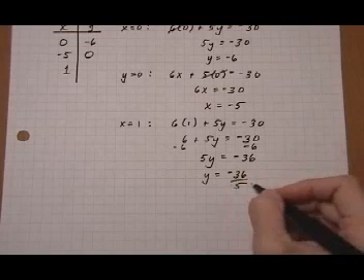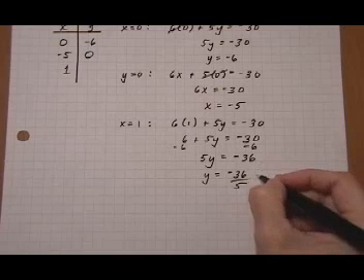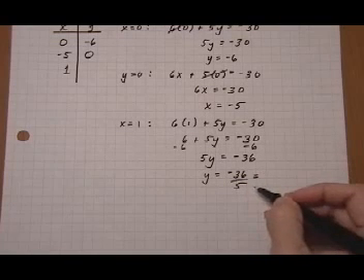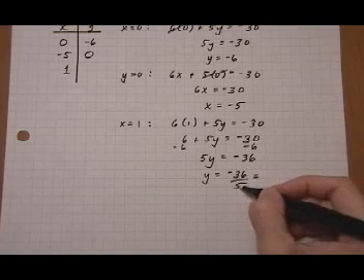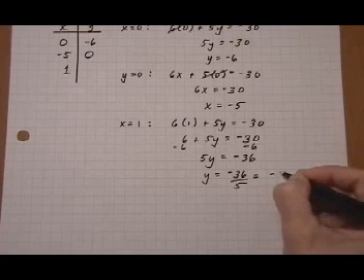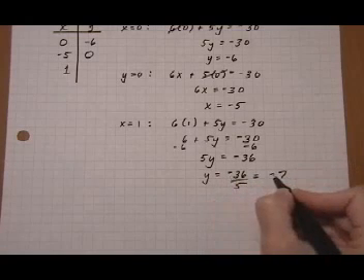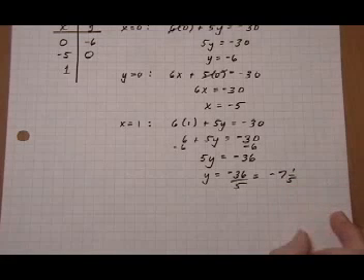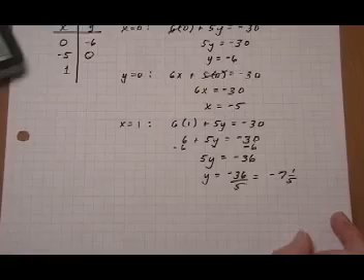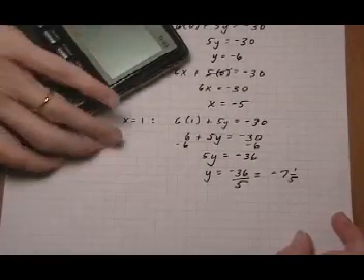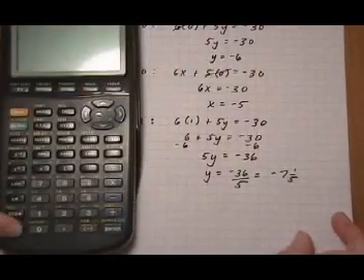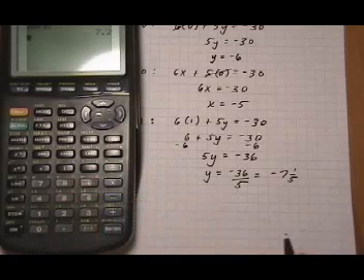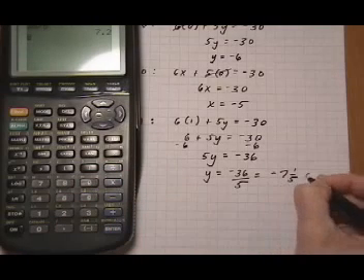Now that doesn't work out to be an integer, but that's alright. That happens a lot when you're finding points for a linear equation. So 5 goes in 7 times to be 35, and there's a negative that we carry over, and there's 1 left over. So minus 7 1/5. The other thing you can do, if you prefer, is take out your trusty calculator. 36 over 5, 7.2.